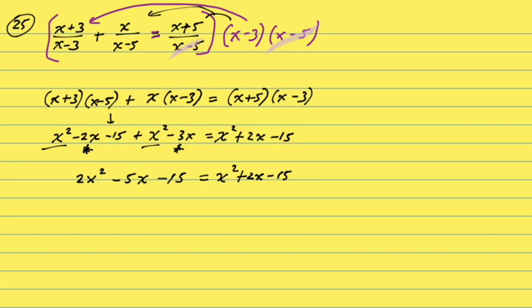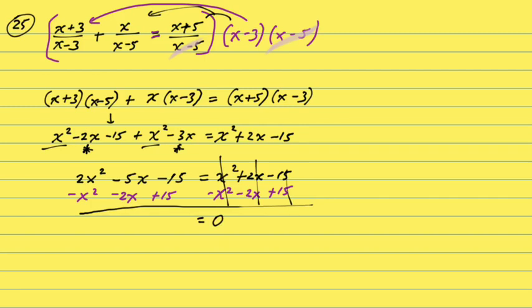If I subtract x squared, the goal is to make it equal 0. Subtract 2x and add 15, I believe we'll make this thing equal 0 now because everything over here should add to 0. This is x squared minus 7x, and those add to 0.